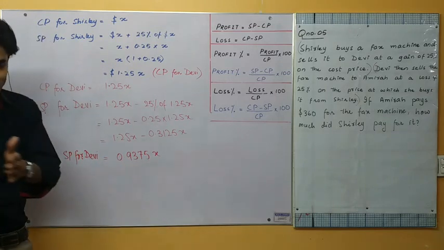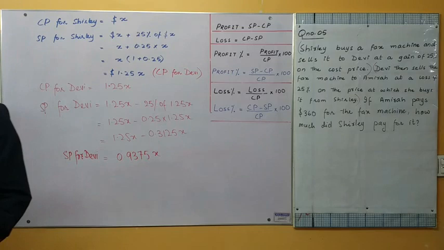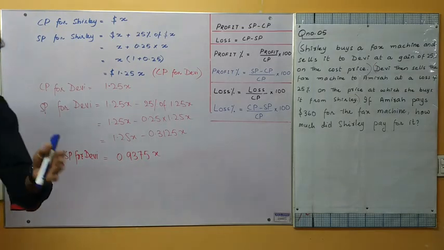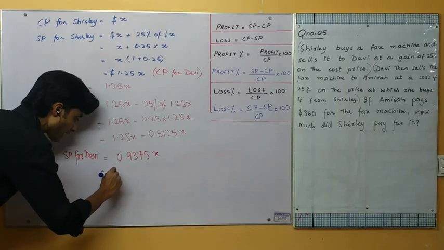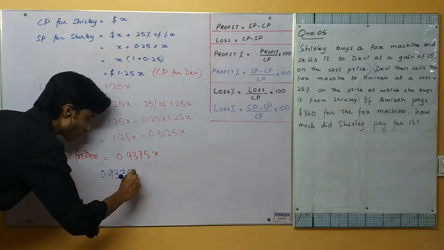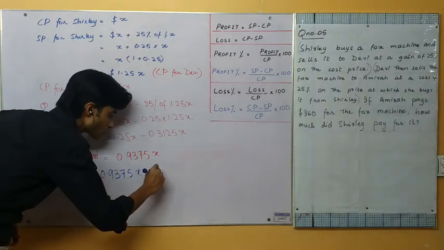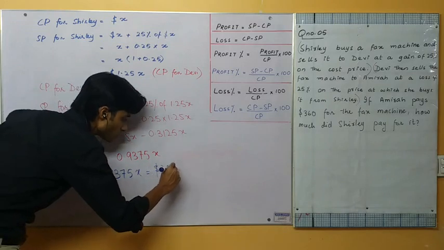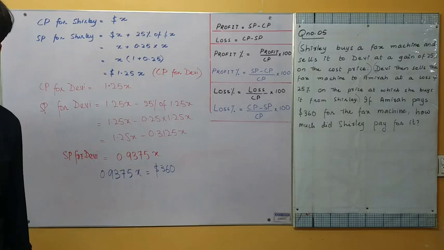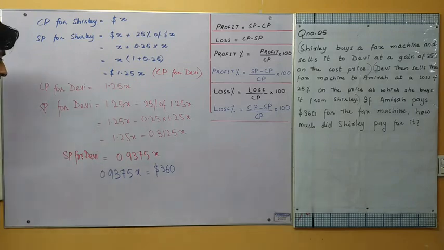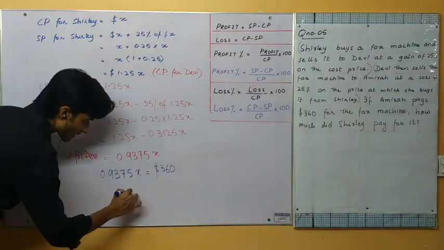So by comparing the two, I can say these two things are equal to each other. 0.9375 of x equals 360. The selling price of Devi equals the cost price of Amira.